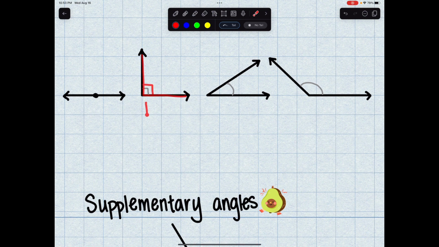It's indicated by the square, and that is how many degrees? 90. Yay. This is called an acute angle. Remember, it's so cute because it's little. And this is called an obtuse angle. And remember, it's called obtuse because it reminds me of the word obese. That means it's a fat angle. It is greater than 90 degrees.